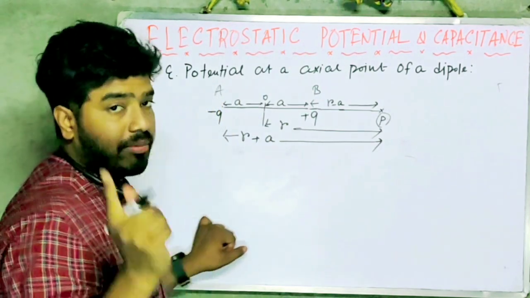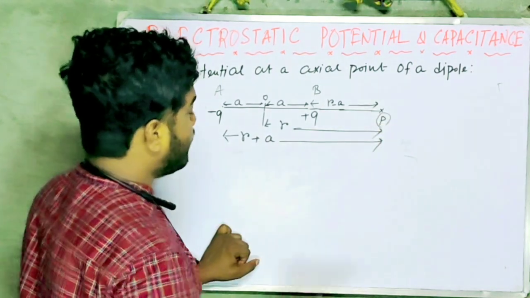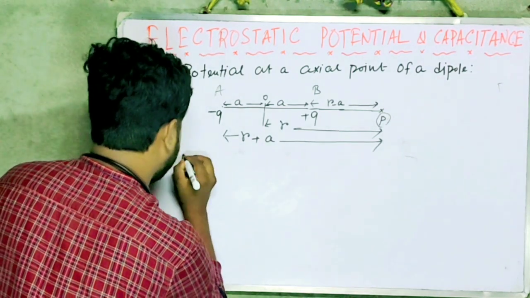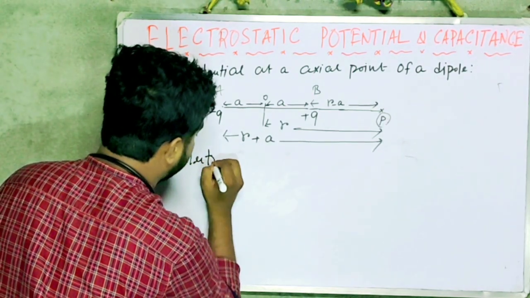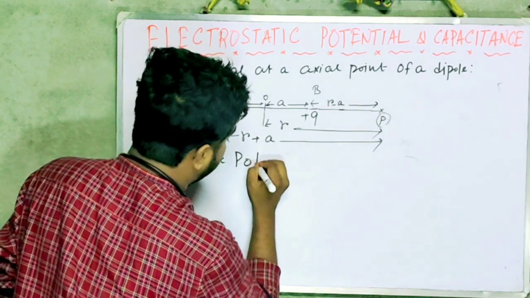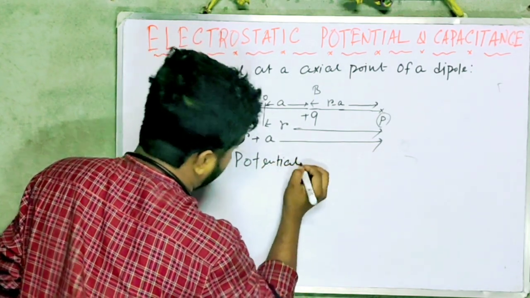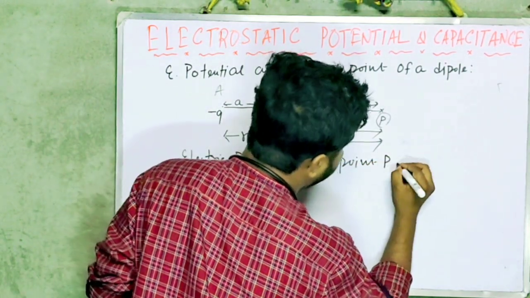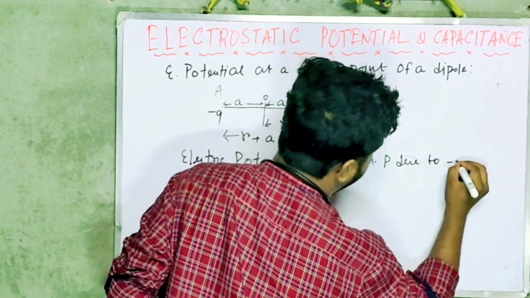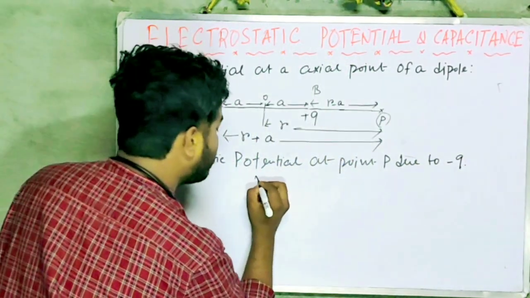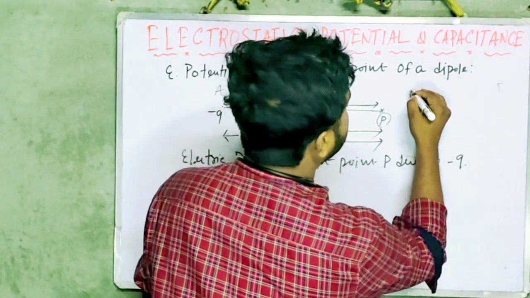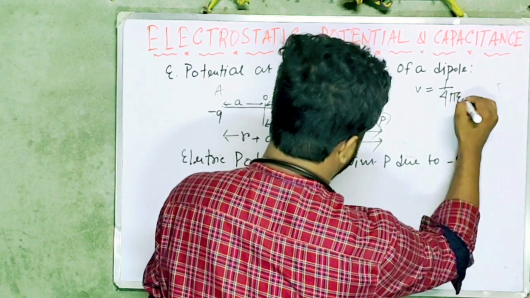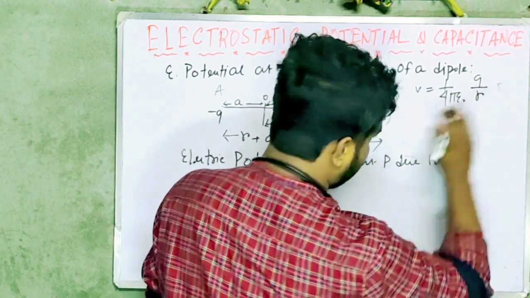Okay. Now we have to calculate electric potential at point P. First case, for the minus q charge. So write electric potential at point P due to minus q, and the expression, as we learned in the previous class for a point charge, is 1 by 4 pi epsilon naught, the magnitude of charge, and the separation.